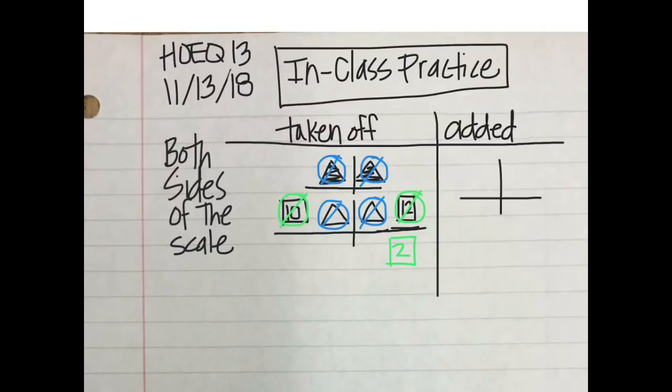So far the only things we've brought in is we've been able to bring in a shaded triangle on each side in order to help solve. We've also added a star to each side when we've needed one. So that's kind of a little mini review of most of the strategies that you have for solving.